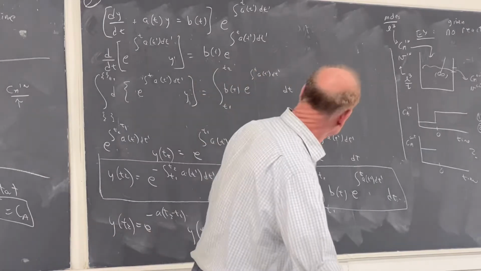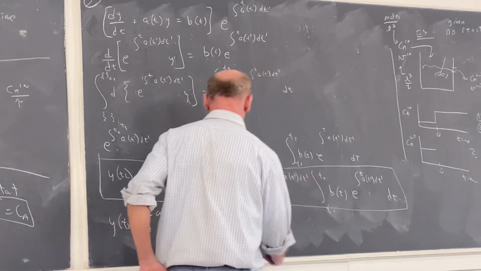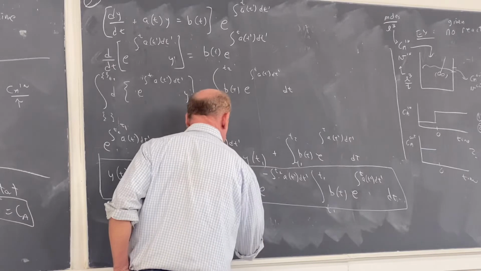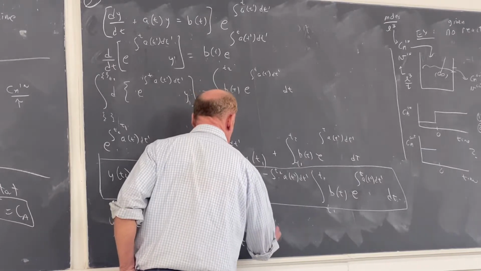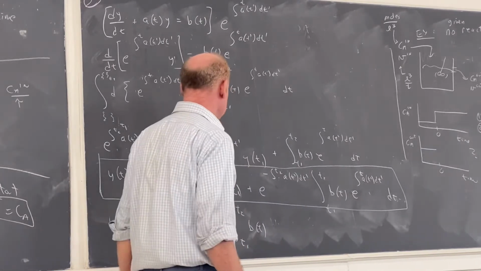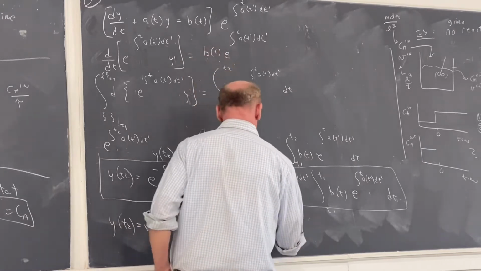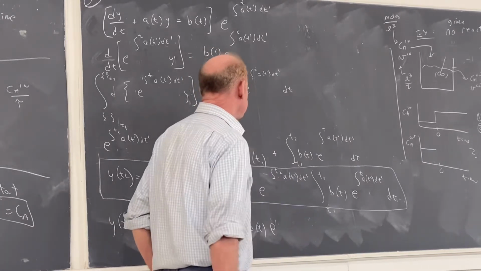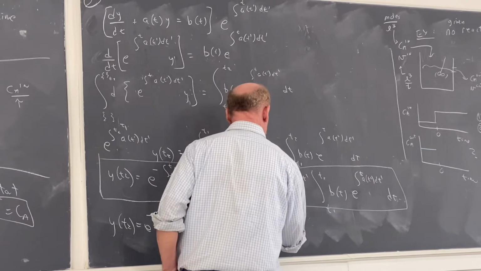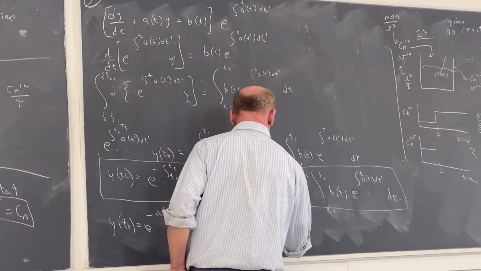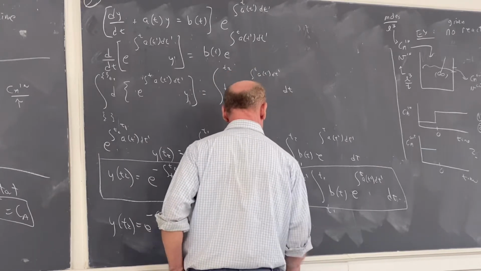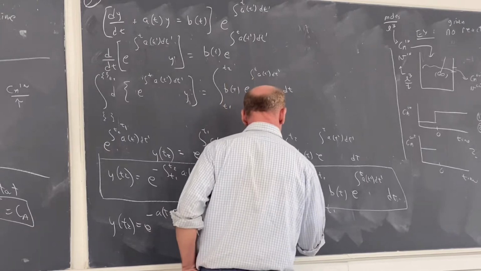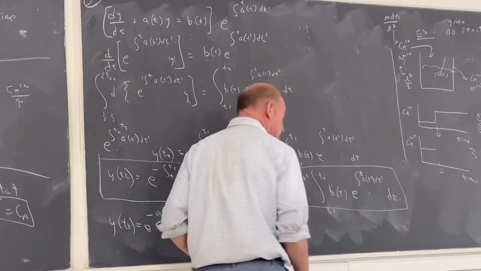If I bring this inside the integral, I'm left with the integral t1 to t2, b of t, times e to the integral minus from t to t2, and actually I can pull the a out.